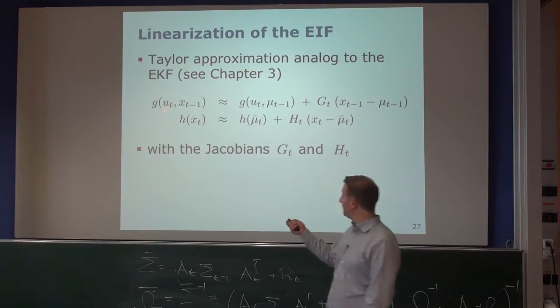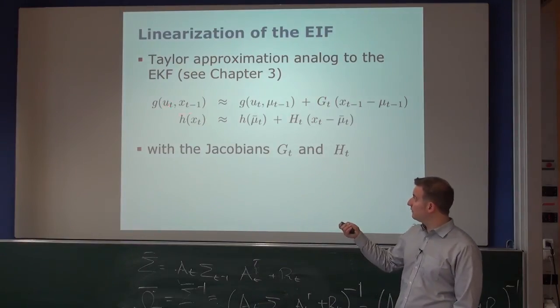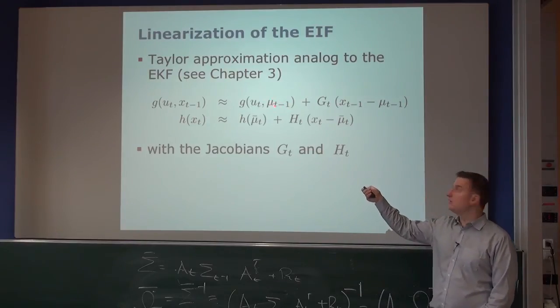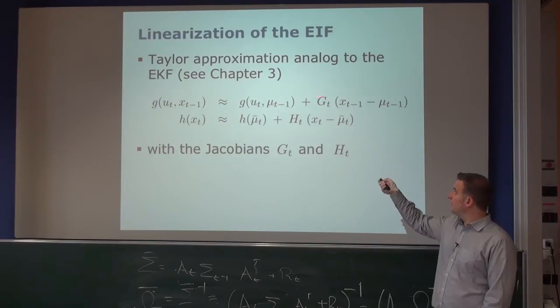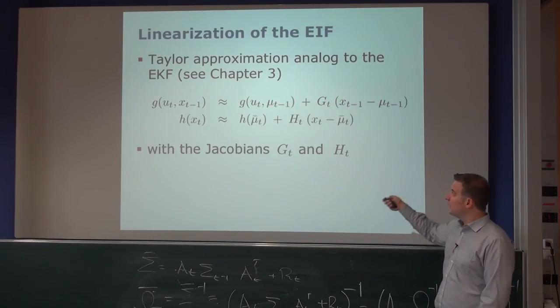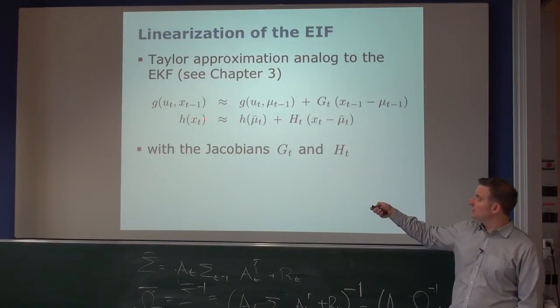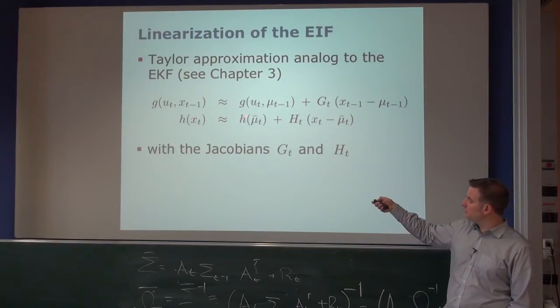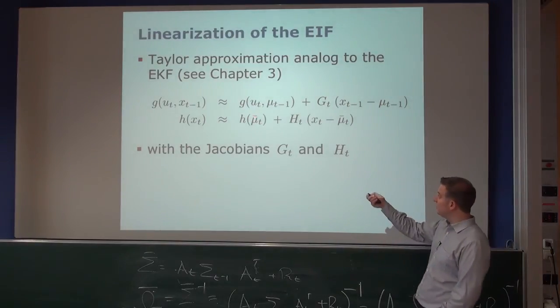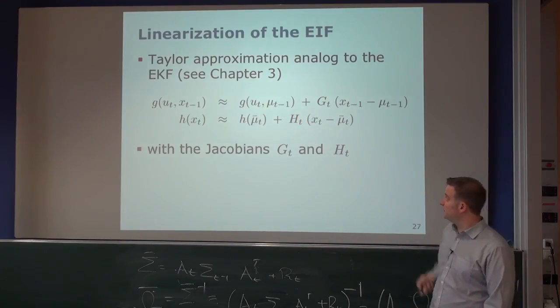So we have our function g, which we approximated by using our linearization point, the previous mean, and our Jacobian, and then see how far we are away from it. So this is a linear function. And the same for the observation function. We approximated this nonlinear function by evaluating it at the linearization point, which is the predicted belief at time t, and then have the Jacobian here.